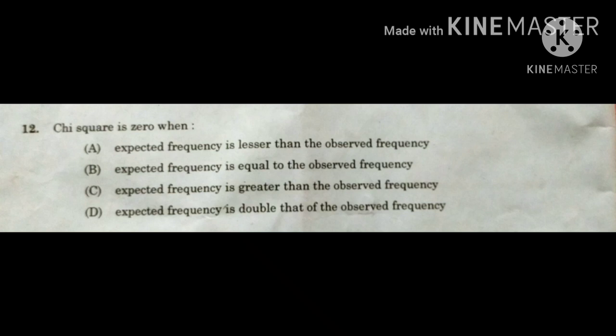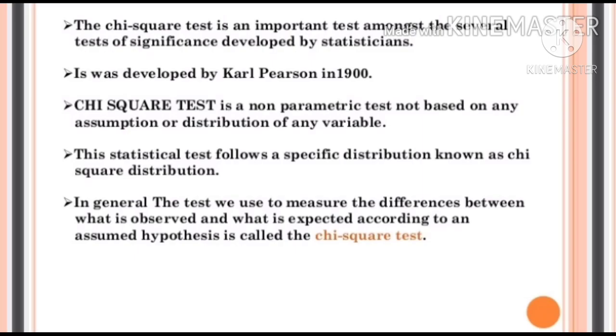Okay, at first we can understand what the chi-square test is in brief. The chi-square test is one of the important tests to find out significance. Okay, it was developed by Karl Pearson in 1900. The chi-square test is a non-parametric test, and it is not based on any assumption or distribution of any variable.